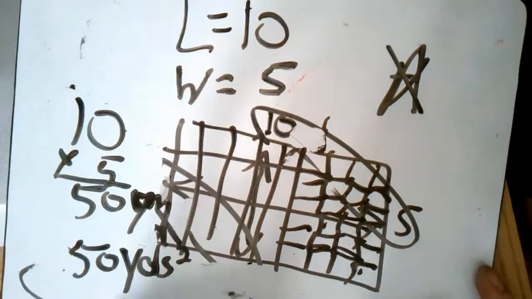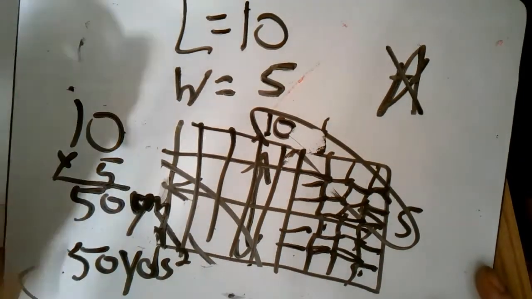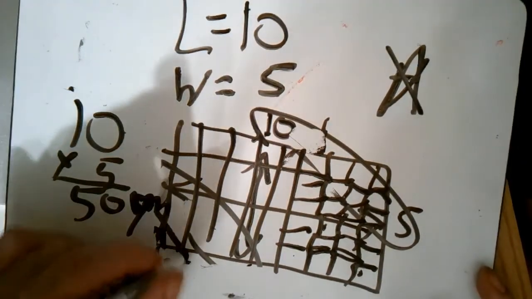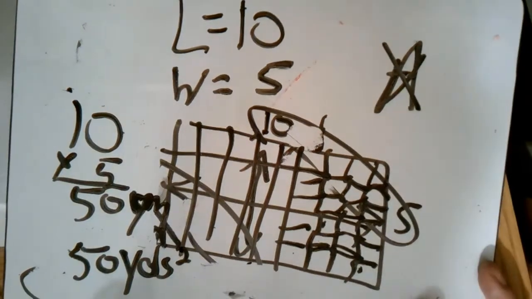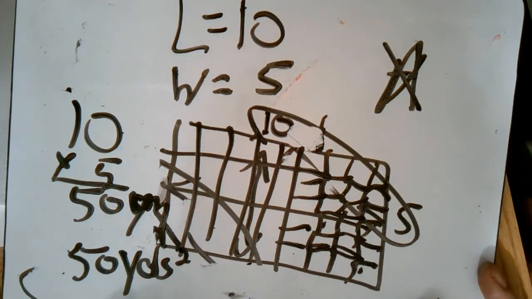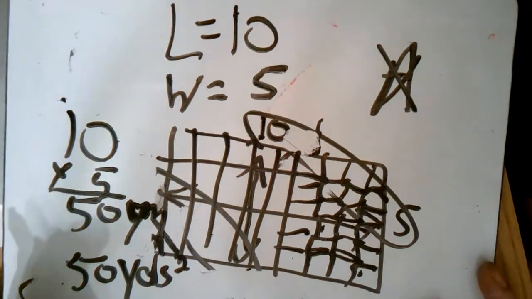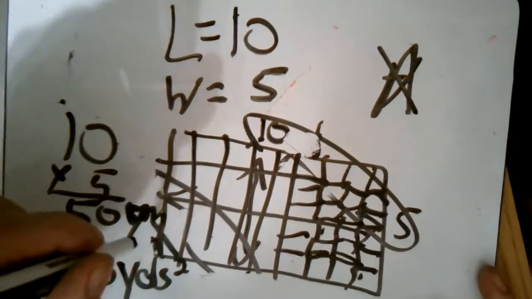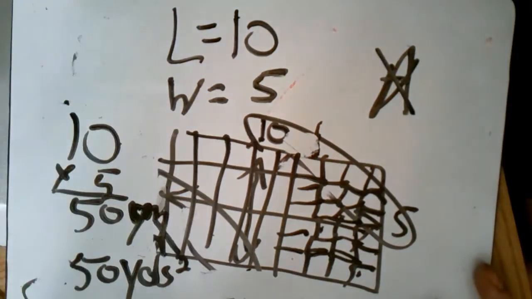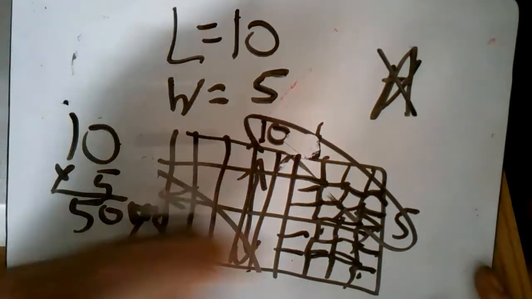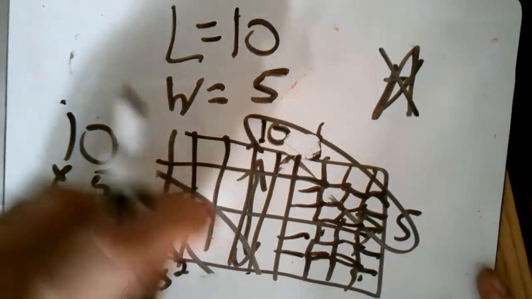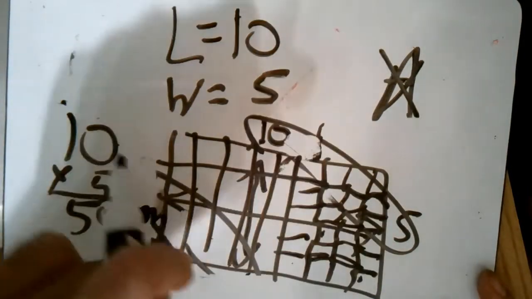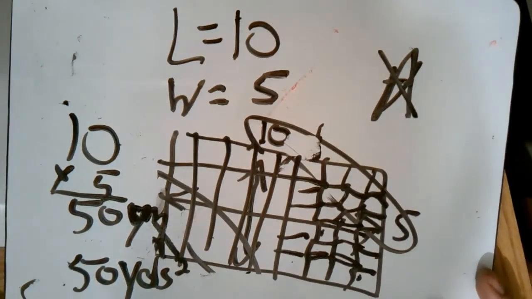There's 10 across, there's 5 up and down. Rows and columns. So that's going to be 50 squared with that little 2 up there. A little sloppy, sorry about that. But that is the difference between perimeter and area. You're either going to multiply with area, or you're going to add everything with perimeter.